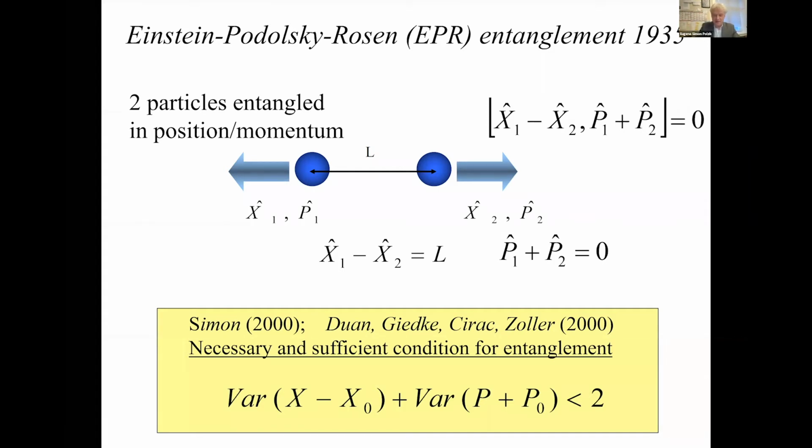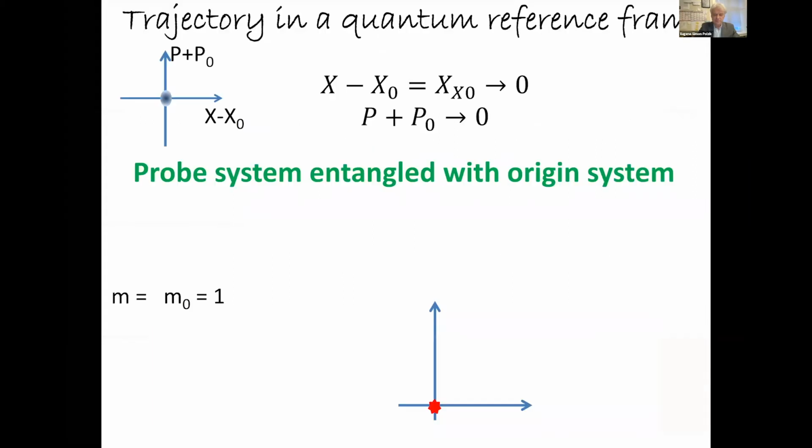And let's go further. Imagine that I have two objects, one of them defined with a knot. This is my reference object, and the other one without the knot is the object of interest. And I know that I can create a state which is entangled, for which this difference and this sum are perfectly defined, for perfect entanglement.